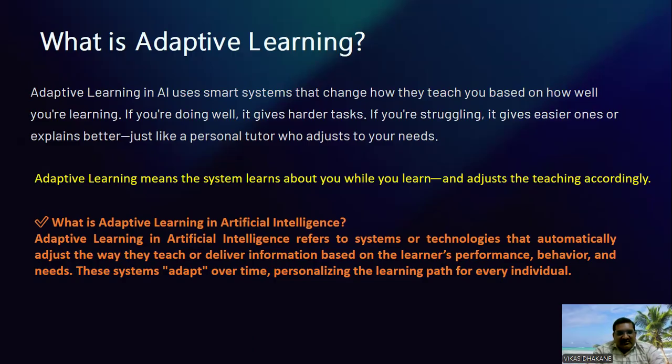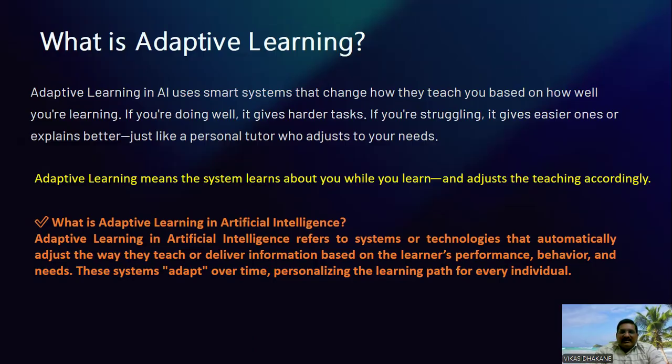So as we have mentioned here, adaptive learning is the building of a system or technology that automatically adjusts the way they teach or deliver the information based on the learner's performance, behavior, and needs. Okay. So simply keep in mind that adaptive learning in artificial intelligence is nothing but the system learning about you while you are learning and adjusting the teaching accordingly.